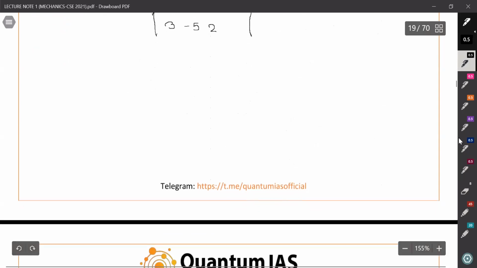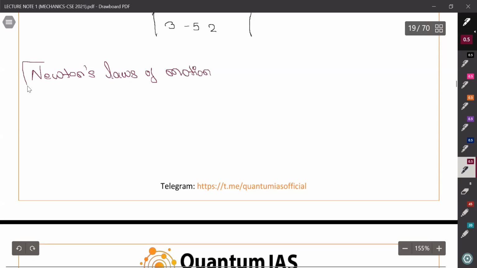And next, we are going to start the very first topic written in our syllabus, that is Newton's laws of motion. Also, velocity and acceleration relation in polar coordinate is very important for our course.